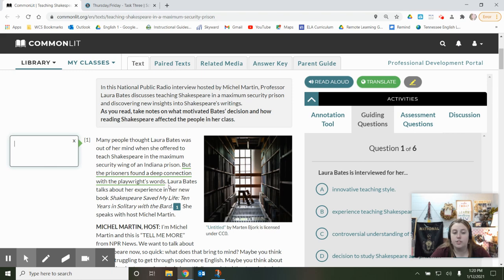Okay, so all you will do, again, is highlight, click annotate. Click this little highlight button right here, and then tell me what you think or how that answers the question.